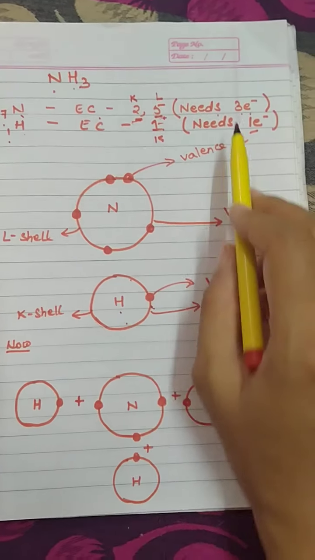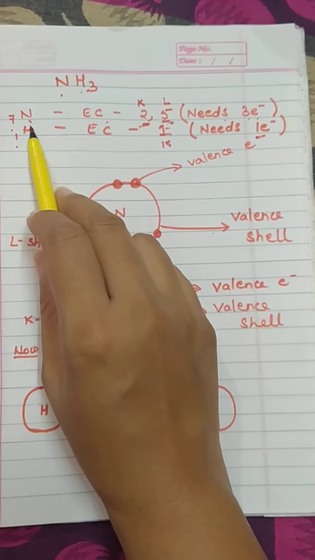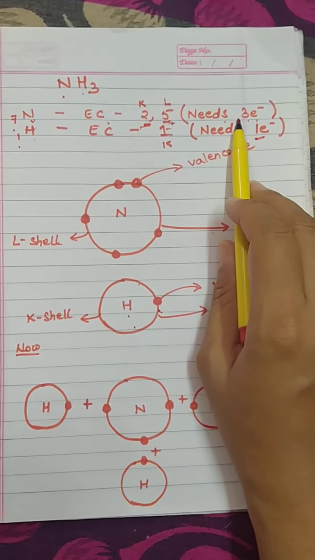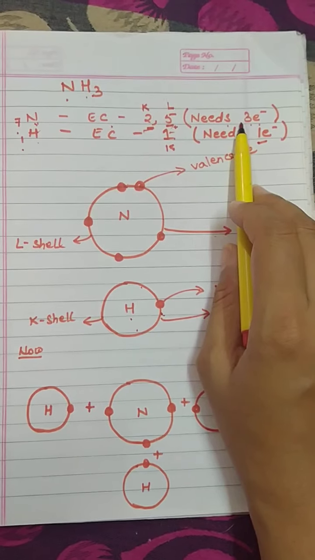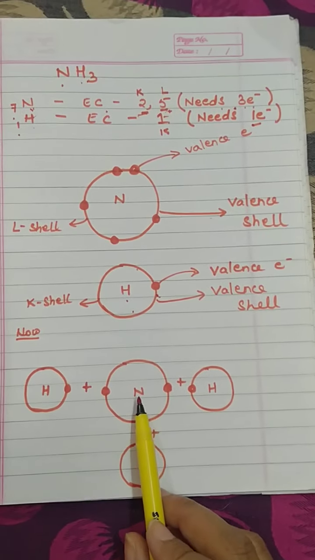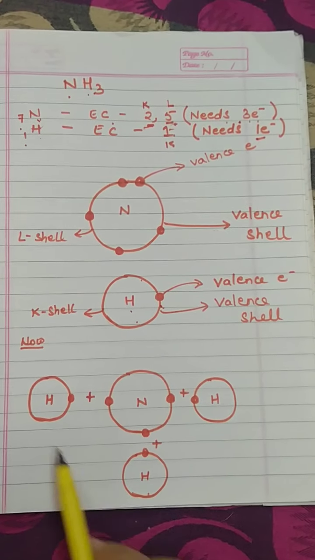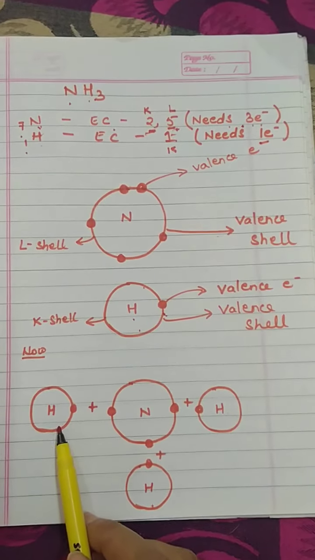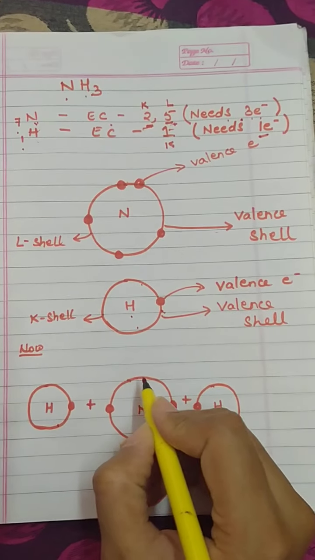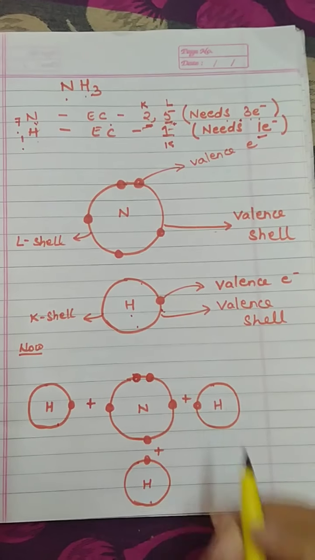Now each hydrogen atom needs 1 electron to complete its duplet, and the nitrogen atom needs 3 electrons to complete its octet. Now how will they do so? We will see that one nitrogen atom will combine with 3 hydrogen atoms by covalent bonding to become stable and to complete its octet, right?